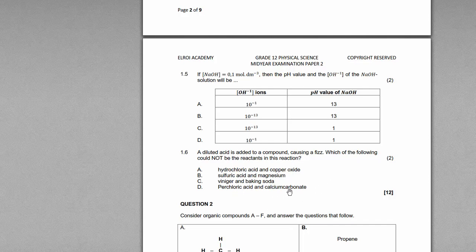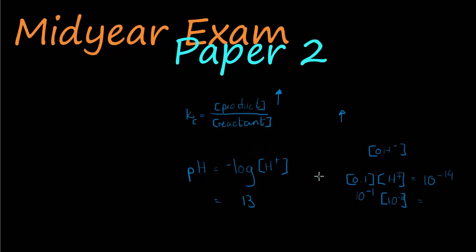Perchloric acid and calcium carbonate. The moment there's a carbonate in there, an acid will produce carbon dioxide. So all three of these produce gases, hydrogen gas or carbon dioxide. So this top one is an acid and a metal oxide. Now an acid and a metal oxide produces, well, we can go try and figure it out.